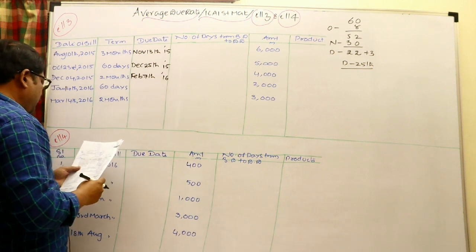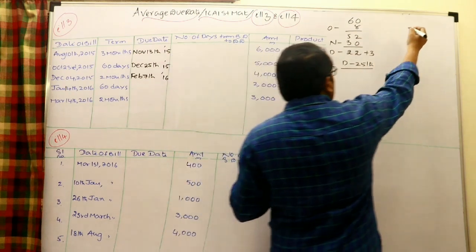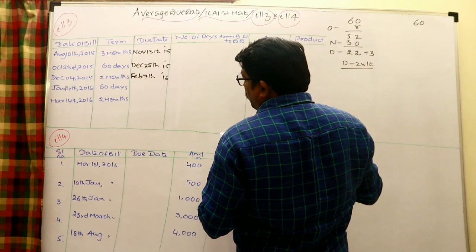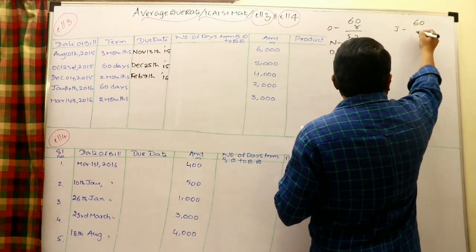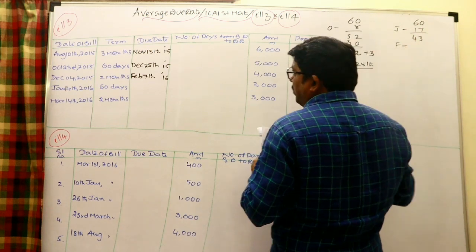January 14th, again 60 days. Take the 60 days from January 14th. How many days are still left in January? 17 days are there, leaving 43. After that, the February month.